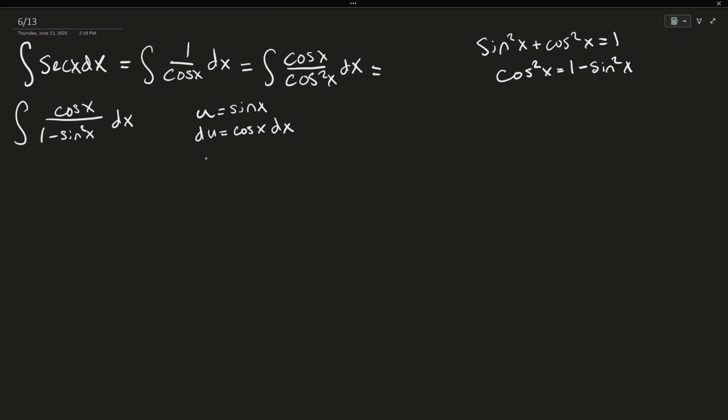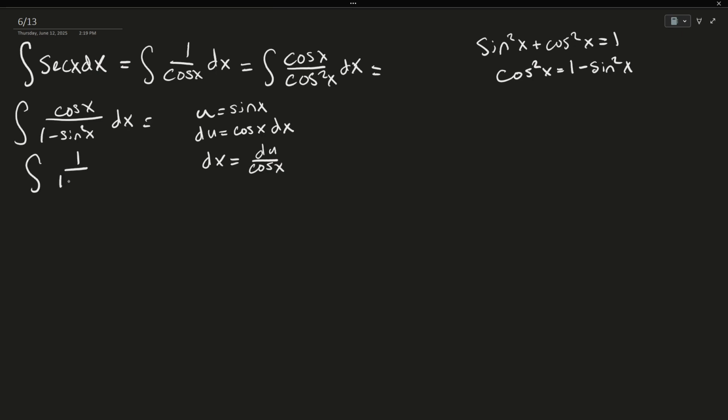So now when we isolate for dx, we get dx equals du divided by cosine x. So this will allow us to cancel out the cosine x and just leave us with 1 minus sine squared x. Since u equals sine x, that just gives us 1 minus u squared.